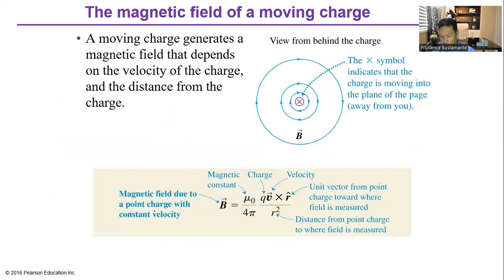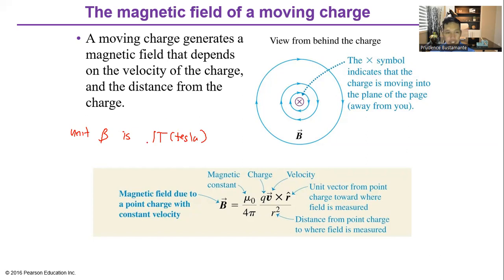As we discussed, the unit of our magnetic field B is the Tesla, 1 T. We call this one Tesla.